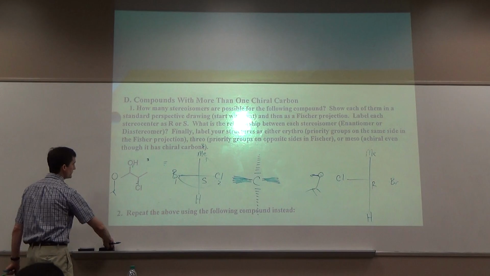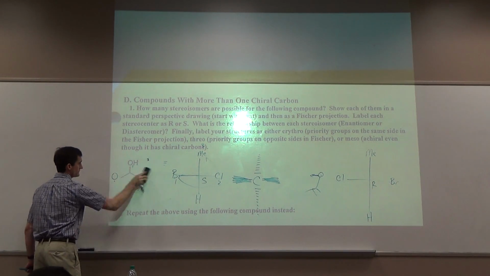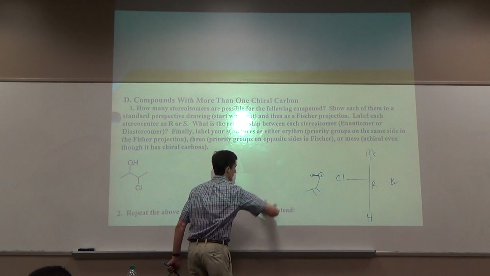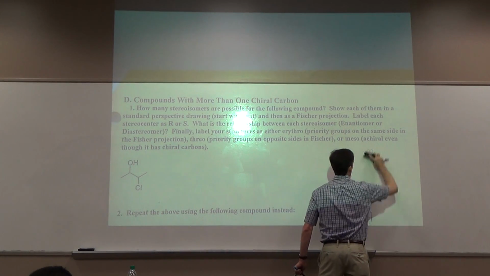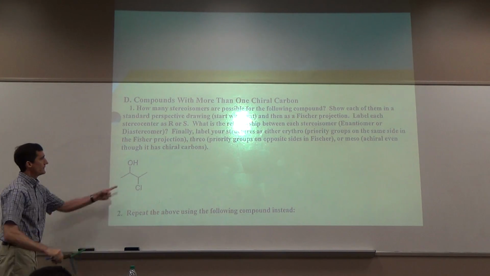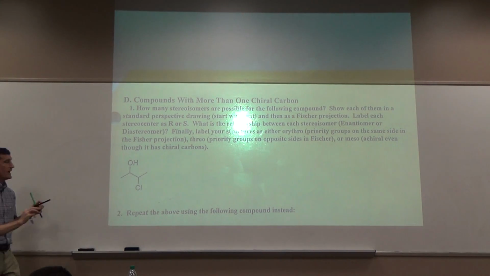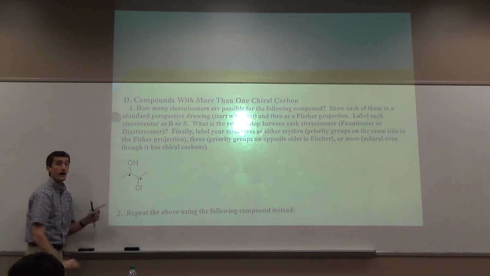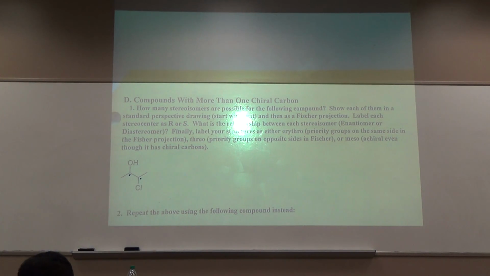Let's look at compounds with more than one chiral carbon. Example here. How many chiral carbons do you see? I see 2 tetrahedral carbons with 4 different things attached.